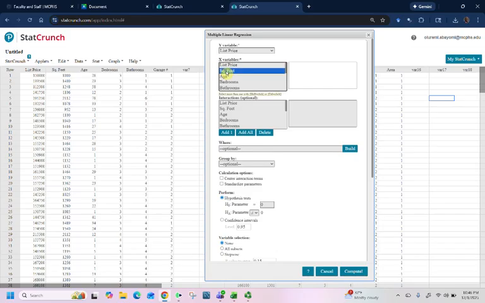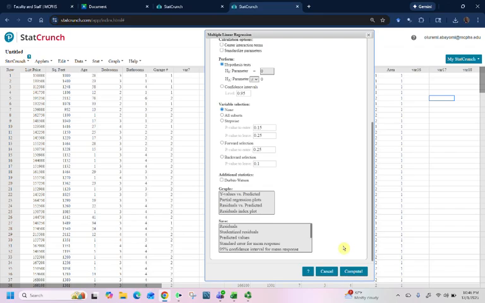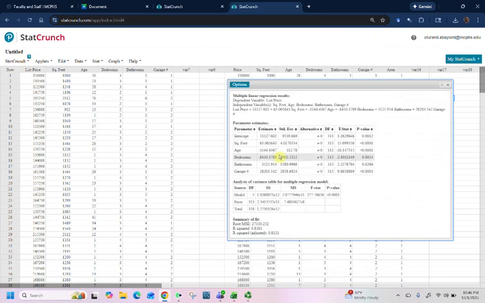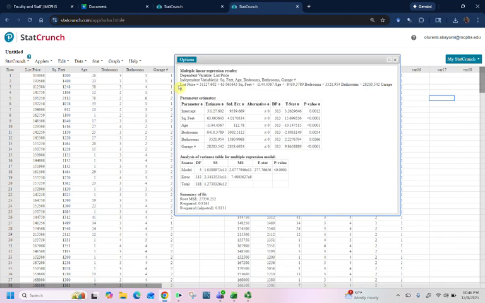So those will go under X variable: square feet, and I'm going to hold down the control key on age, bedrooms, bathrooms. I'm going to drag this down a little bit and then garage number. And the next thing I like to do is to compute. And that will go really fast and give me the multiple linear regression model.